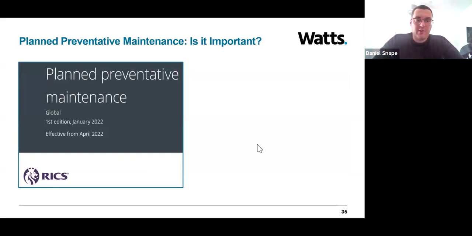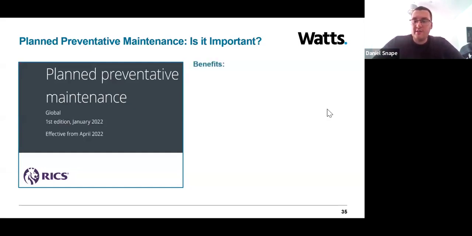It was dated 2022 and came into effect in April 2022. Two of our own directors actually were part of the working group for this document. So the RICS describes a PPM as maintenance that is performed purposely and regularly to keep the structure and fabric, facilities, plant and equipment of a building in satisfactory operating condition.